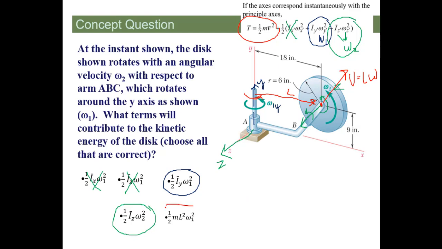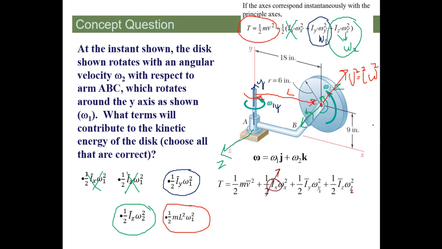So if we do velocity squared, that's going to be L squared omega squared. So there's our three terms that are going to go into calculating the kinetic energy of this thing. So we have J and K components, no X components, and our center is omega cross r. So there we go.